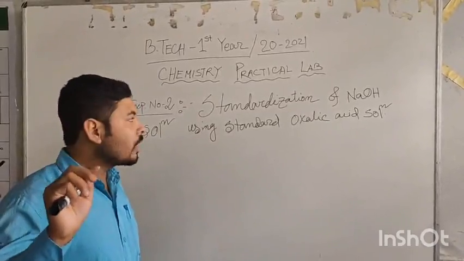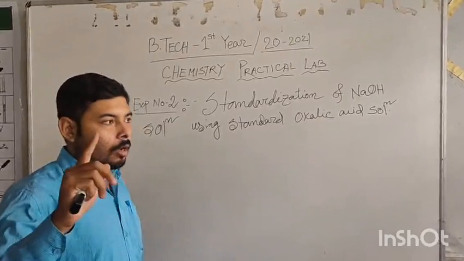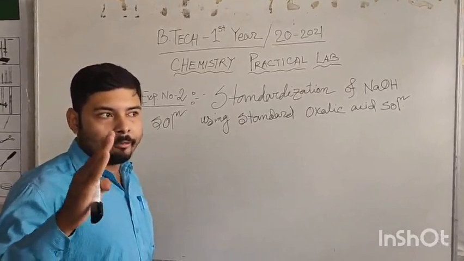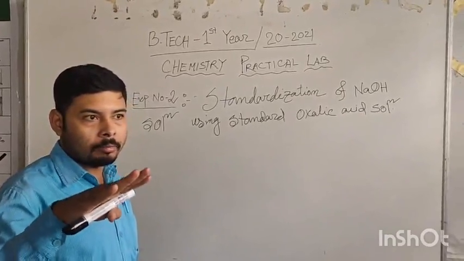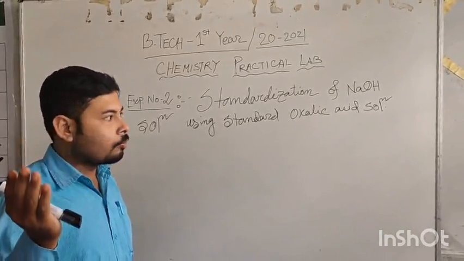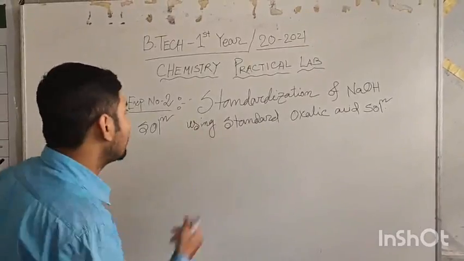Whenever you are watching these video lectures or any kind of practical videos, I suggest you follow the manual, follow the procedure side by side, so that you can relate it to the experiment.